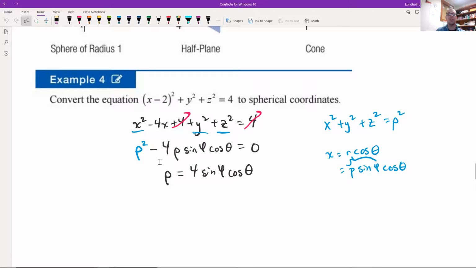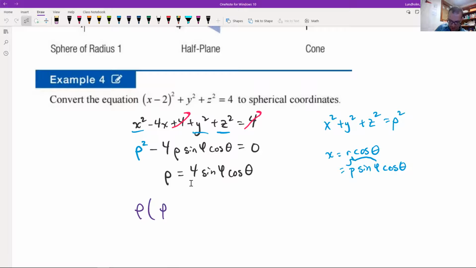One step that's kind of missing here is pulling a rho out from this left-hand side.